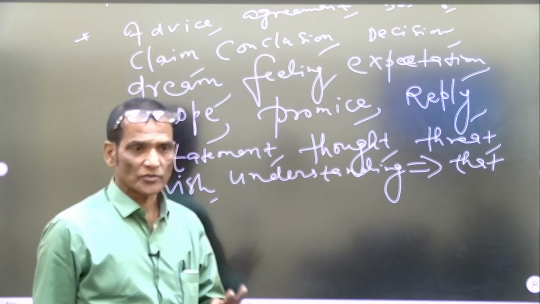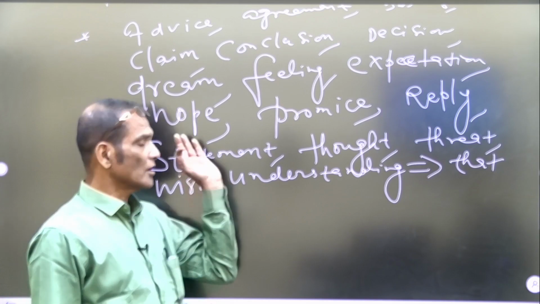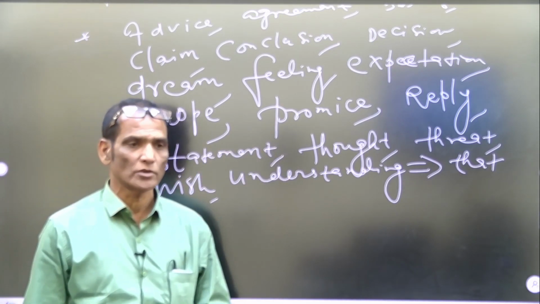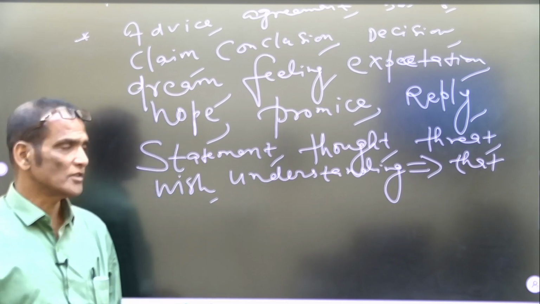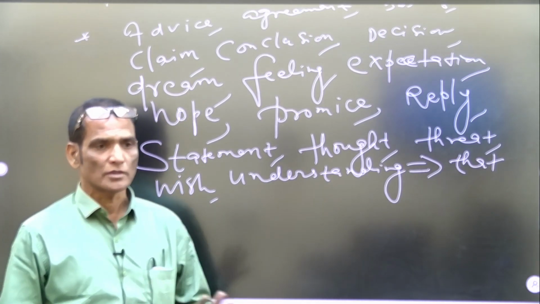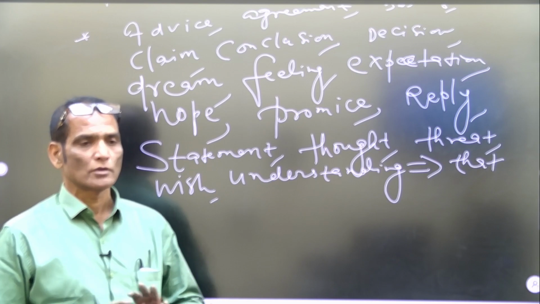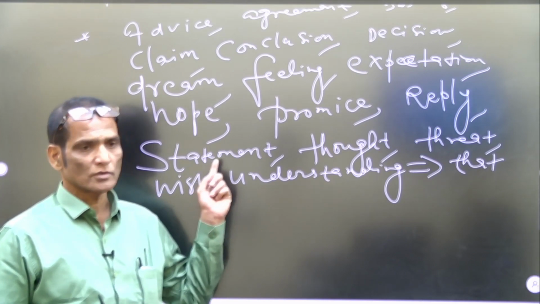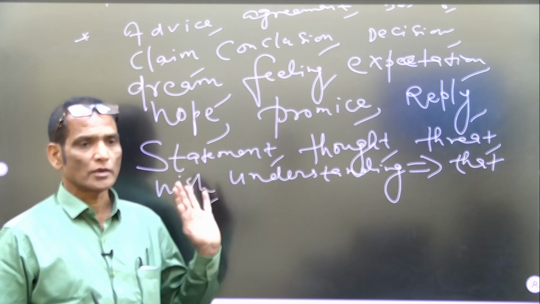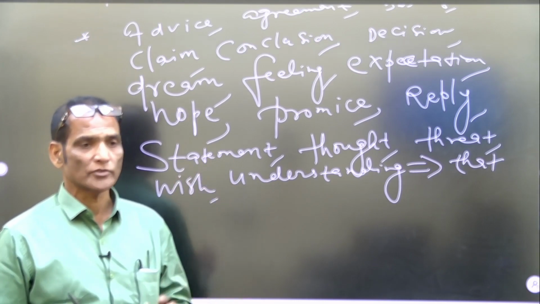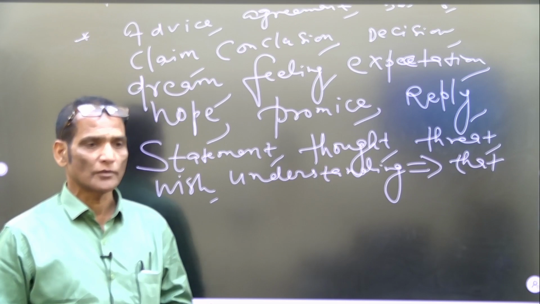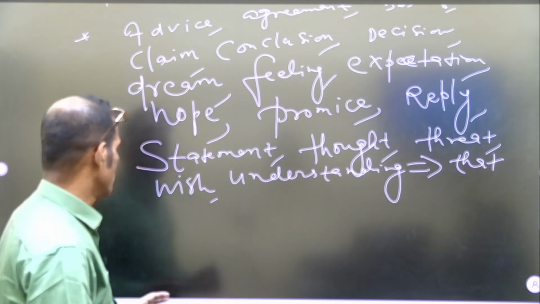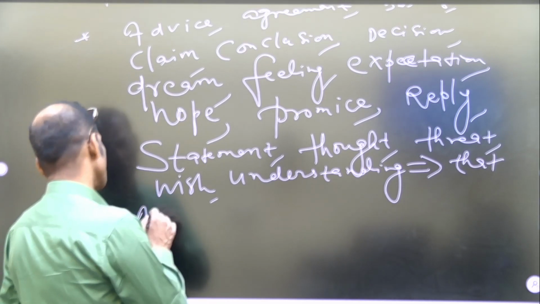If your principal clause has any one of these nouns, then your subordinate clause, you mean your second sentence, is started with that, and we have no alternative to that with these nouns. And if that is replaced by any one of the connectors, then there is error. So let's see how they are being used.